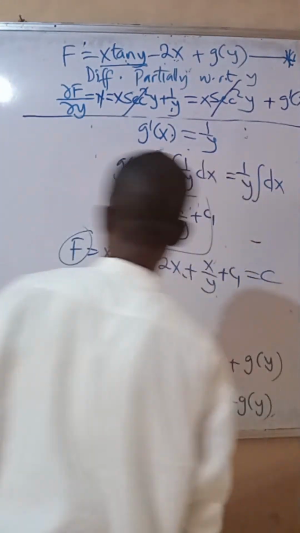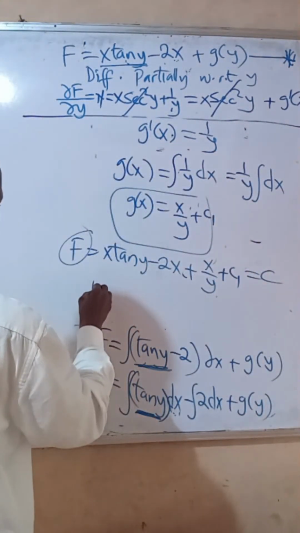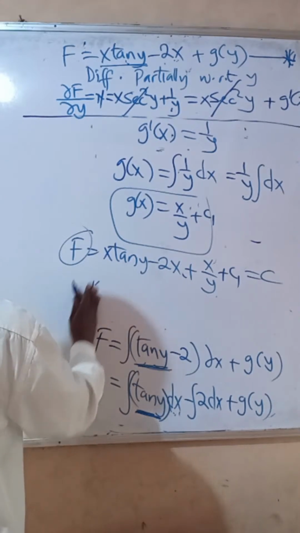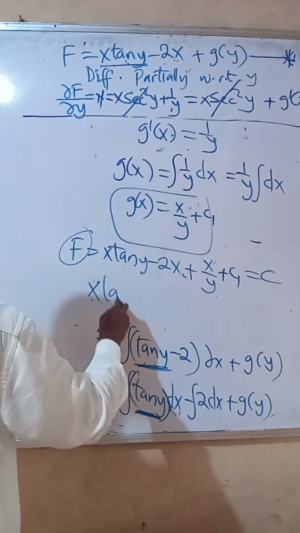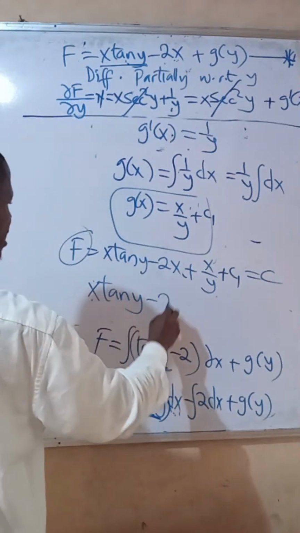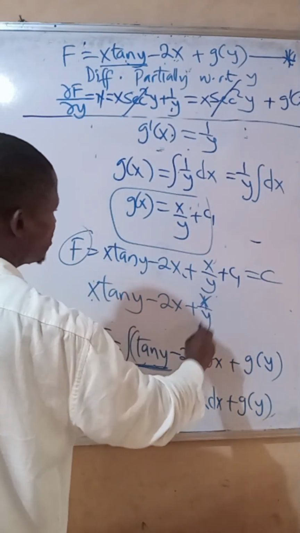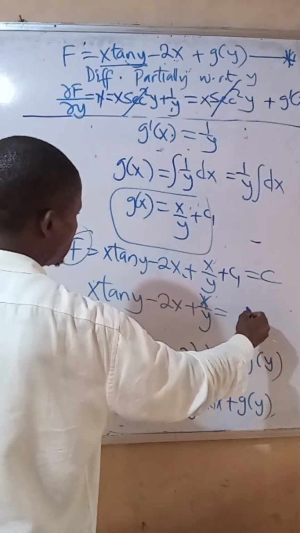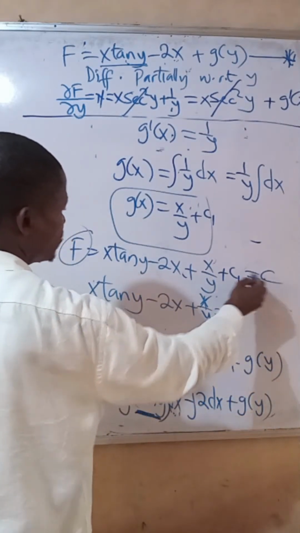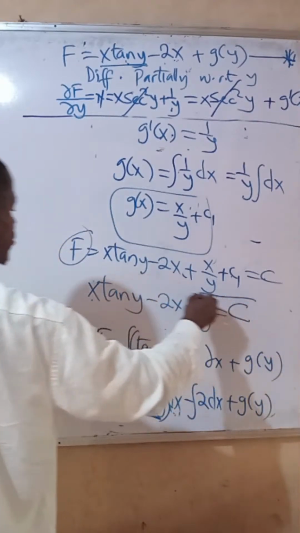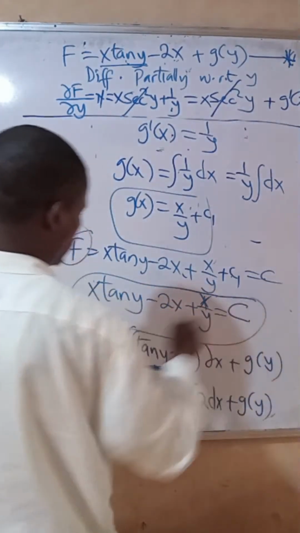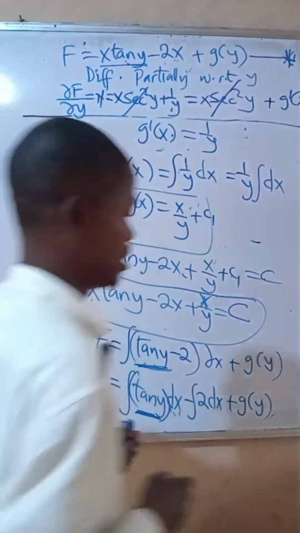So final conclusion, we have x tan y minus 2x plus x over y equal to this one minus this one, that's c. So that's your solution to the differential equation.